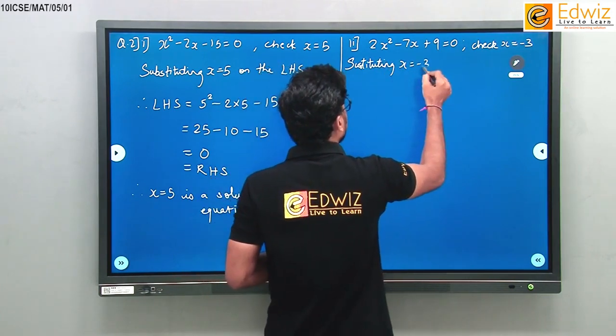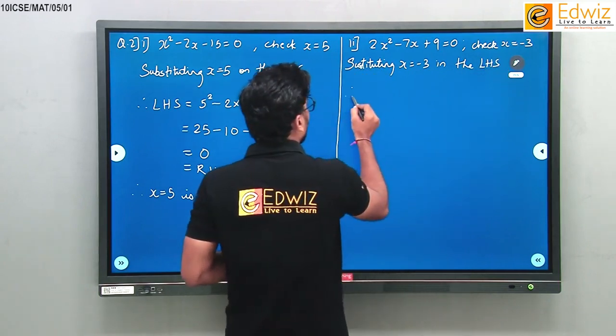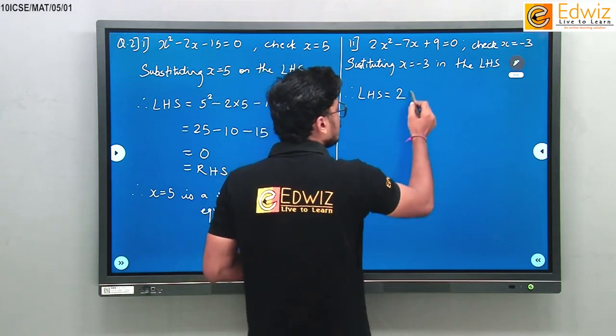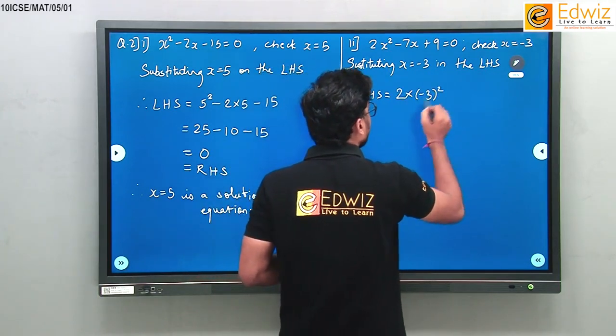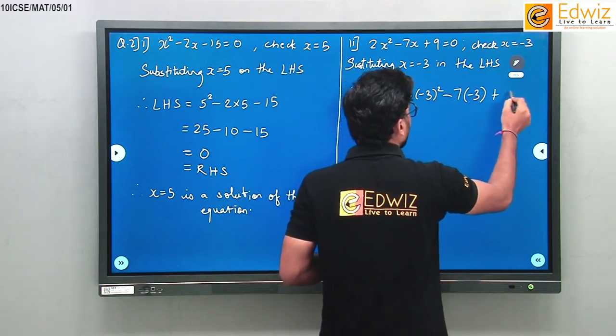x equal to minus 3 in the left hand side of the equation. So your left hand side will become equal to 2 times x square, means 2 times minus 3 square, minus 7 multiplied by minus 3 plus 9.